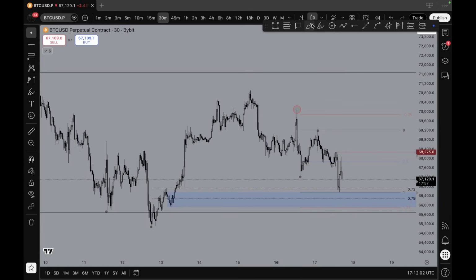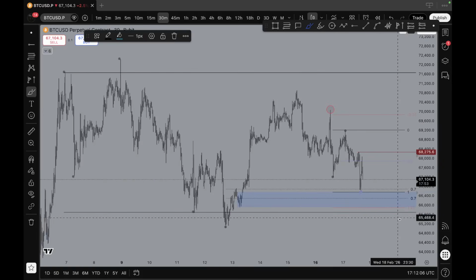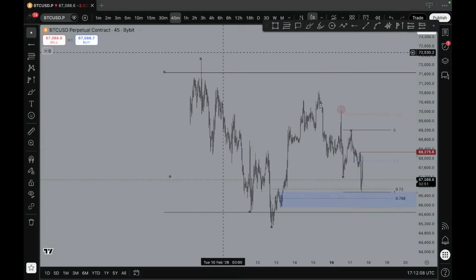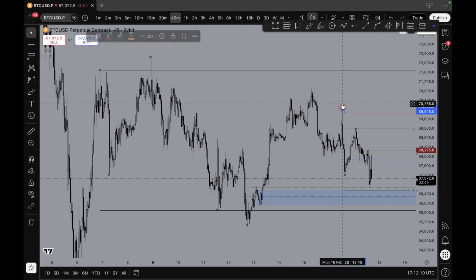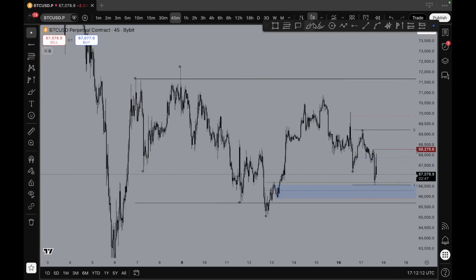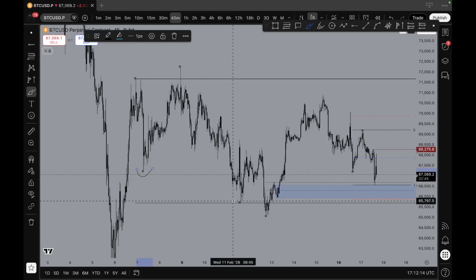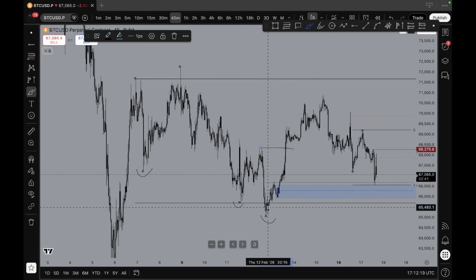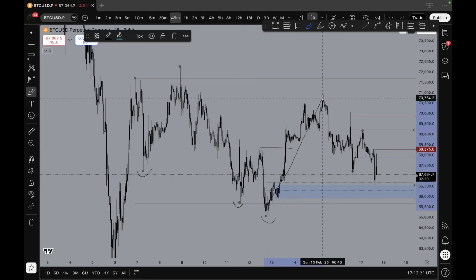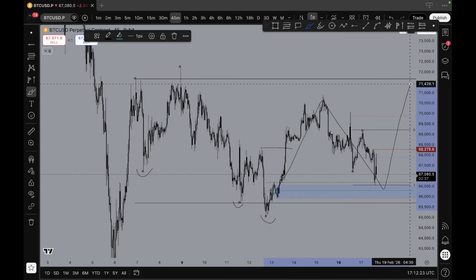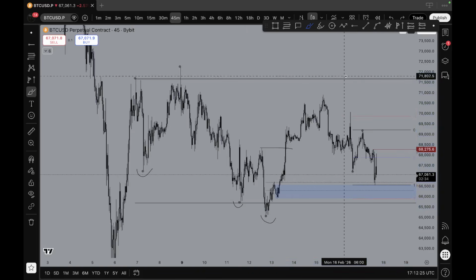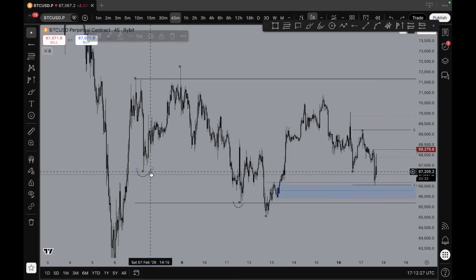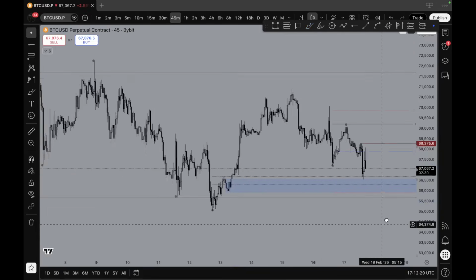So this could potentially be the second tap of that local range, while it can form the higher low of this potential 1, 2, 3, broke to bullish. And then this can potentially be the higher low for the higher high back to the range highs. At least that's a scenario I'm keeping an eye on, and I would love to see play out.